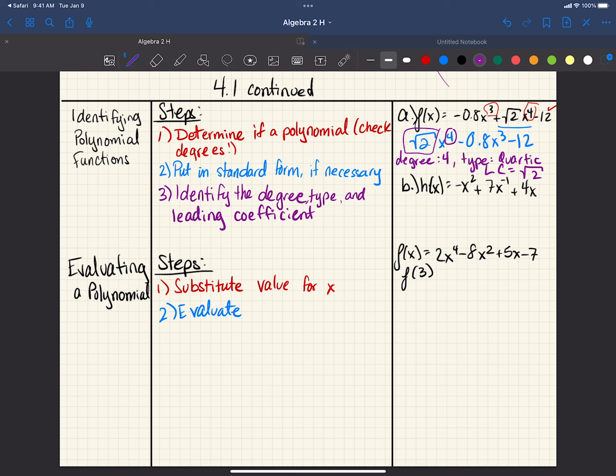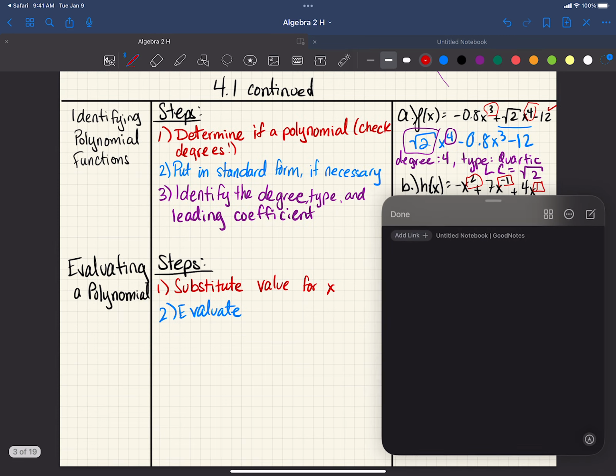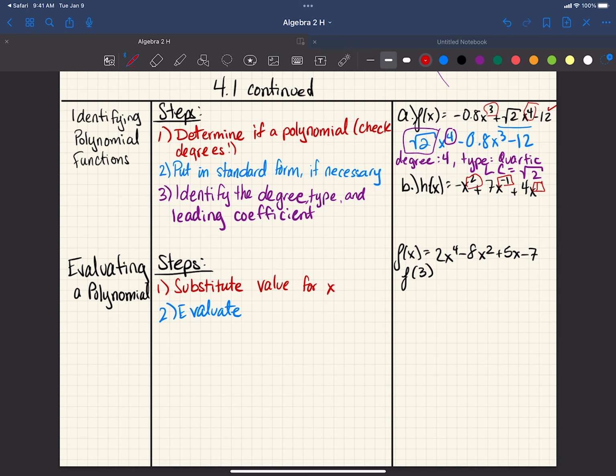Now, I'm going to look over at my second example right here. We have negative x squared plus 7x to the negative 1 plus 4x. Now, I am going to determine if this is a polynomial. So my degrees are 2, negative 1, and this is technically a 1 right there. However, this is not a polynomial function. Why?